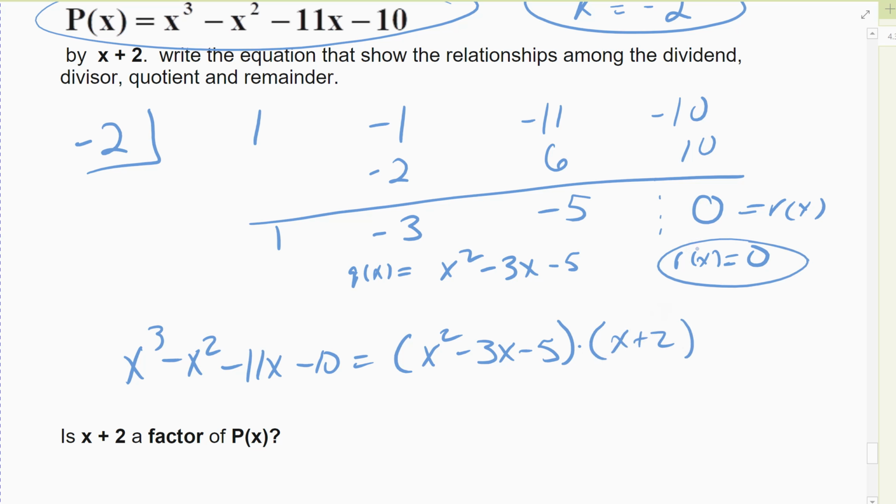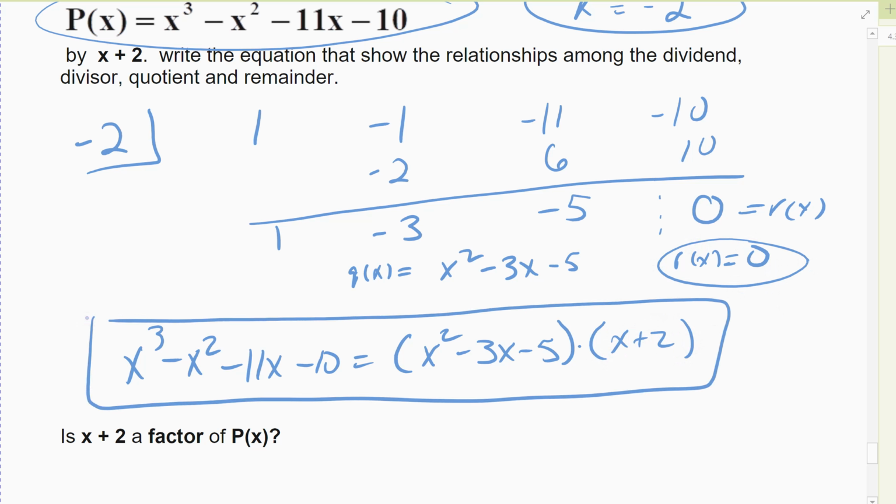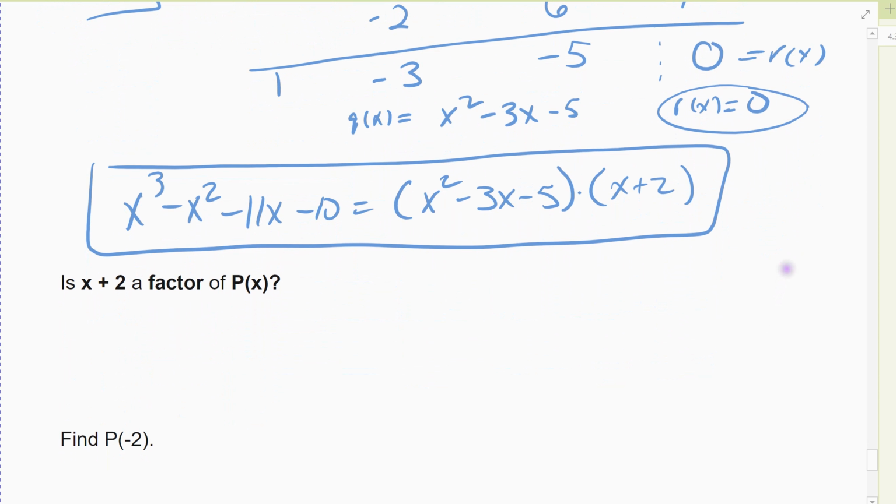The remainder is 0, so I'm not going to worry about writing it. What I've done is I've factored it. When we write it out using the division algorithm, it's the quotient times the divisor plus nothing, because there's no remainder.